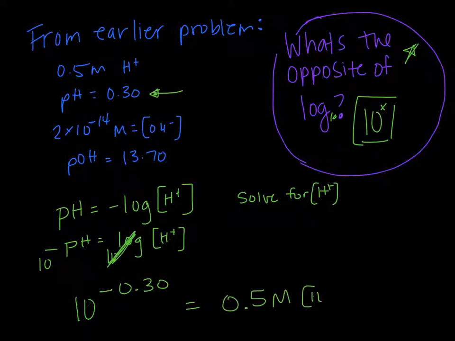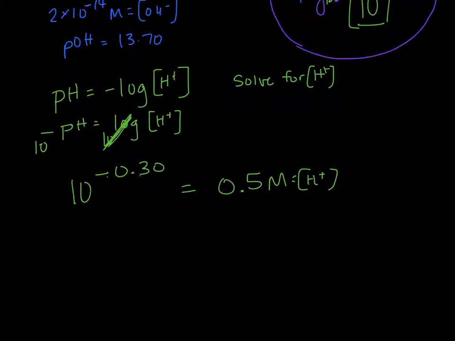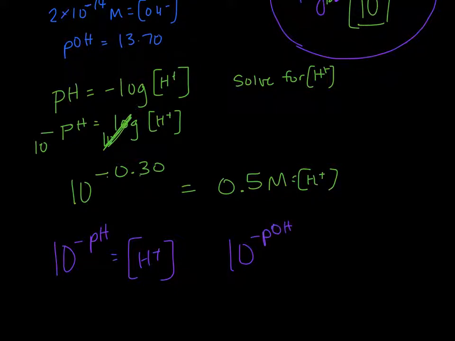So that's the hydrogen ion concentration. Because all you have to do is take 10 to the negative pH, and that gets you the hydrogen ion concentration. So if this is the relationship for H, then this is the relationship for OH, because it's just the opposite of the pH equals negative log equation.